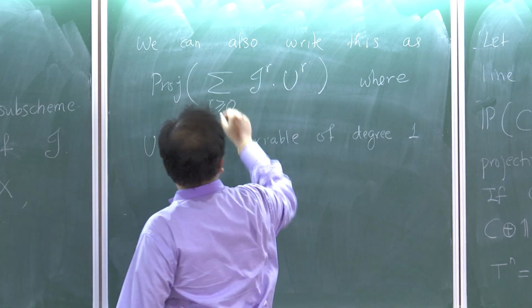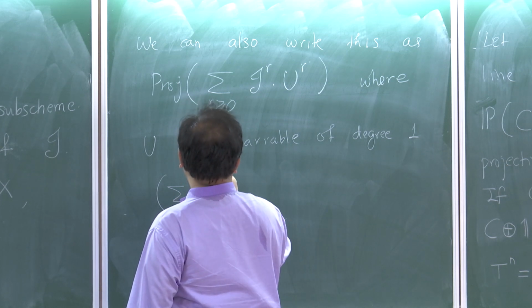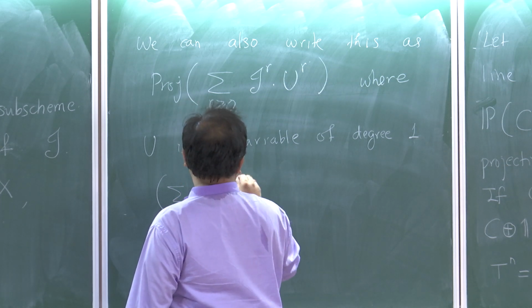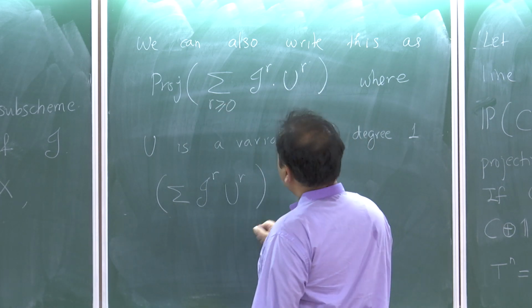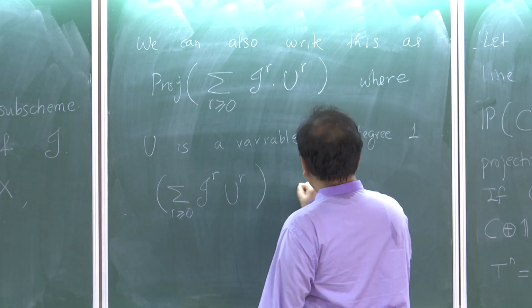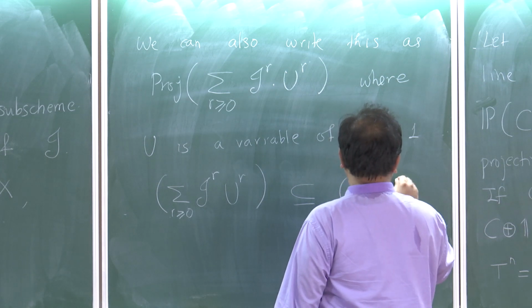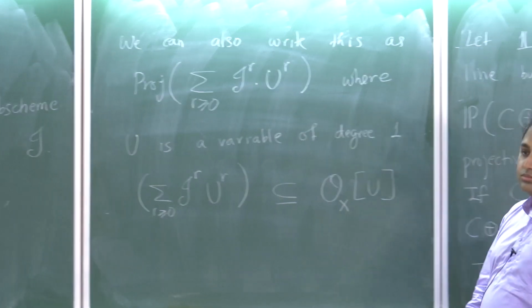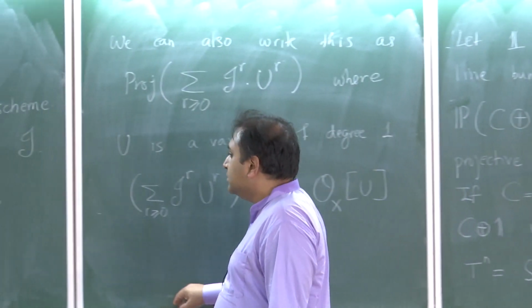I hope this is clear. So this is actually sitting inside, so I to the r, u to the r, with r greater than or equal to 0, is going to be sitting inside O_X[u].